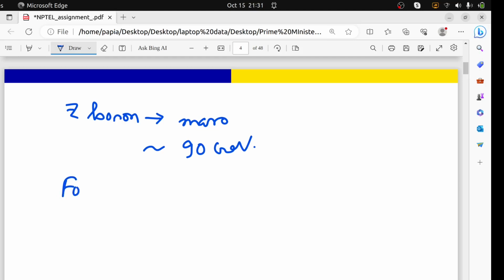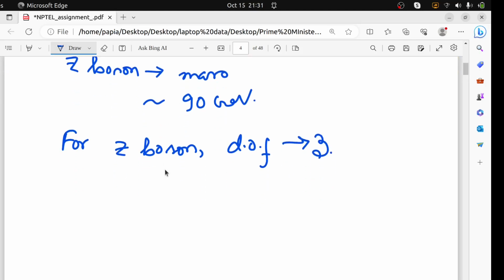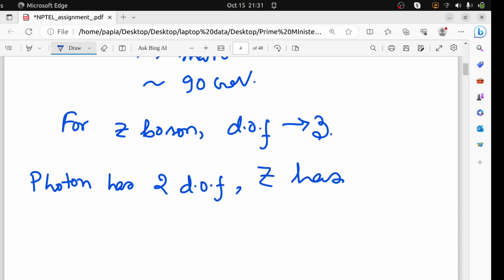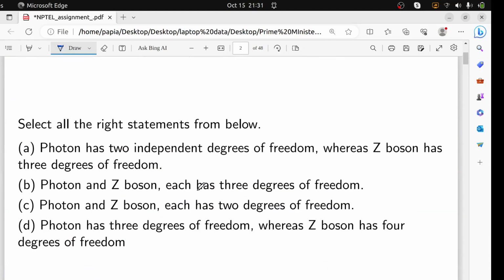So for Z boson, degrees of freedom will be 3, and for photon it was 2. So in summary we can write: photon has 2 degrees of freedom, Z has 3 degrees of freedom.